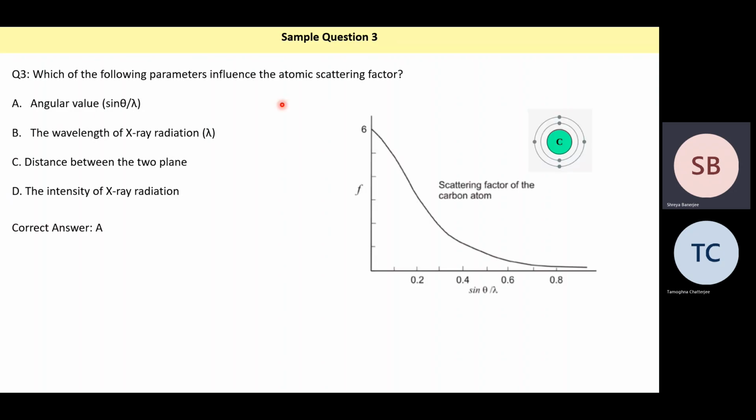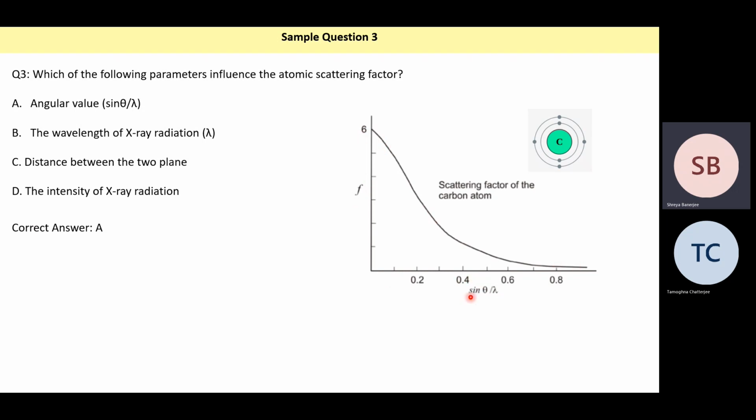So there is a graph that you can remember, with this angular value sine theta by lambda, where theta is the Bragg's angle. The atomic structure factor F is related to this angular value, like kind of an exponential relation.